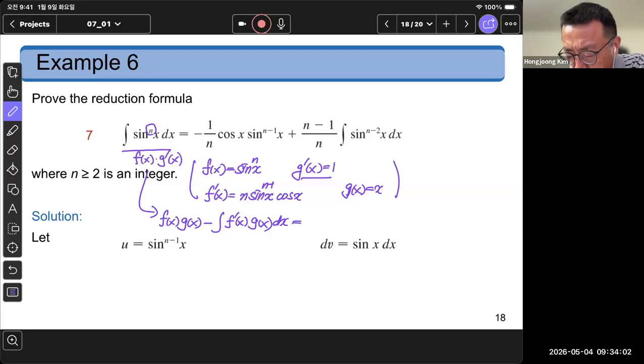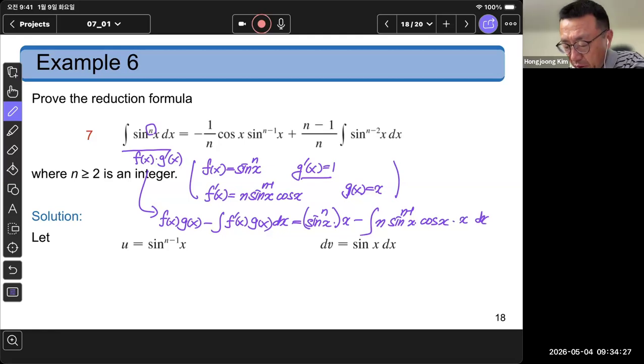Then f of x is sine x to the n times x, minus the integral of n times sine x to the n minus 1 times cosine x times x dx.